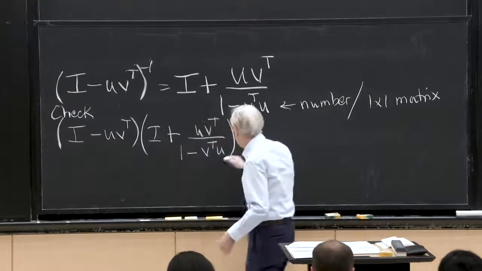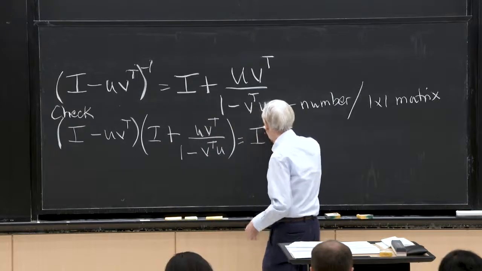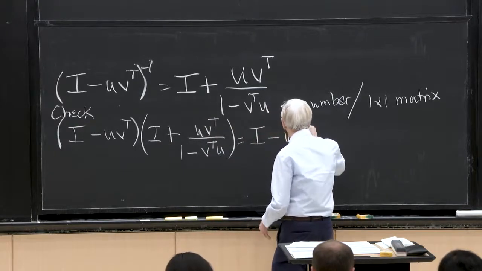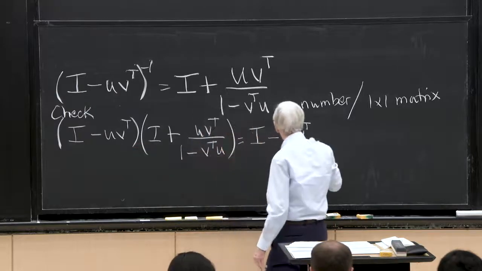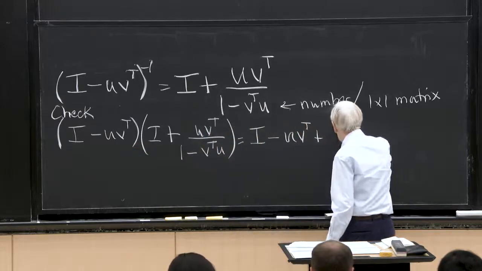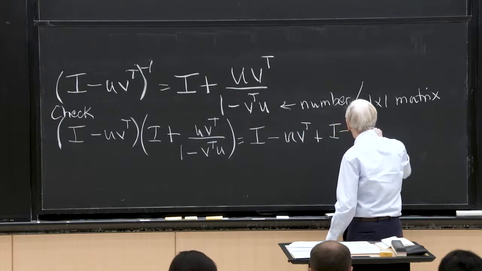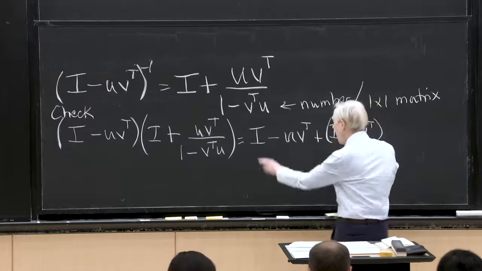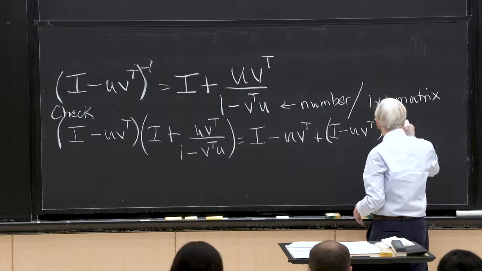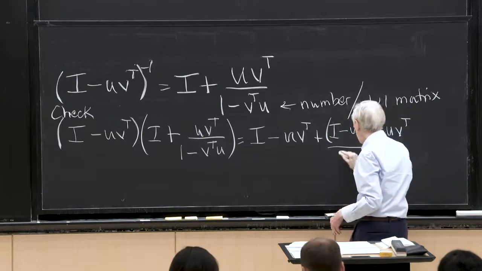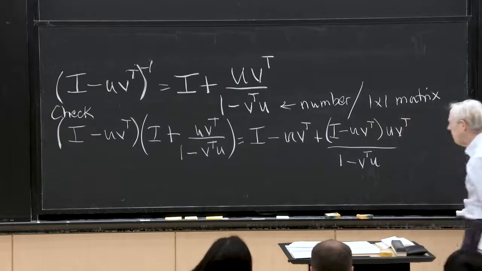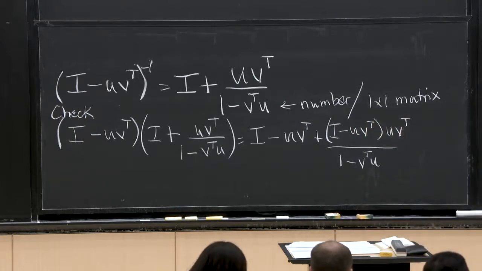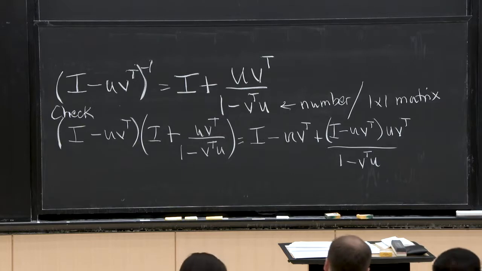So that times I, let me just write that part first, I minus uv transpose. And now I minus uv transpose times this, so that's I minus uv transpose times uv transpose over 1 minus v transpose u. It's just multiplying it out and seeing that we get the identity.